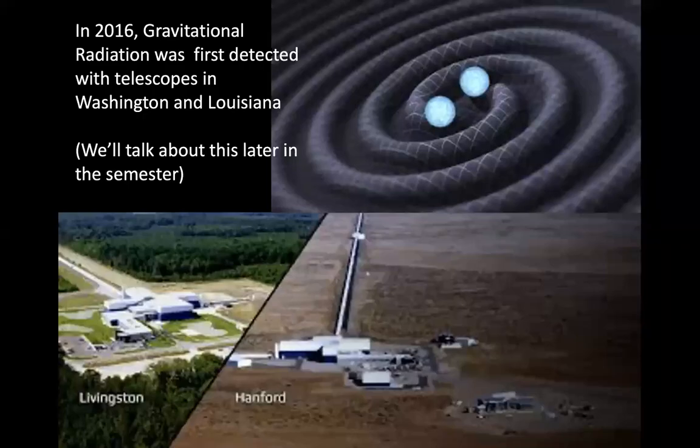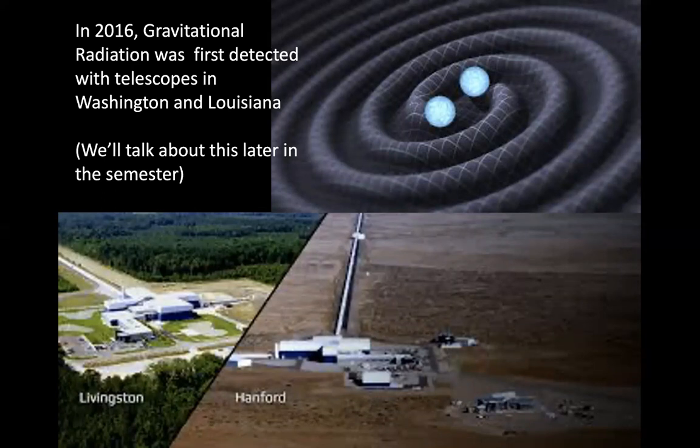Now, just to wrap up on this, I should say that we are no longer just getting information about distant astronomical objects from electromagnetic radiation or various forms of light. Since 2016, there have been telescopes, one of which is located in Hanford, which is fairly close by here, that can detect gravitational radiation, that can detect actually the gravity from extreme objects like merging black holes or merging neutron stars.